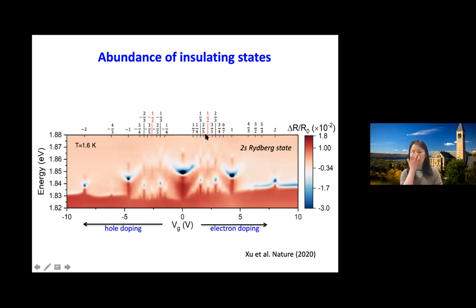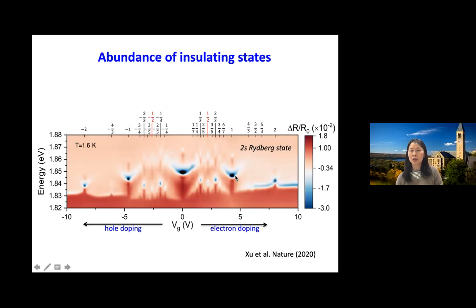And this is the result. What I'm plotting here is the spectrum of the 2s Rydberg state from our sensor. The x-axis is the doping density in the Moire superlattice. So positive voltage is electron doping and negative voltage is hole doping.